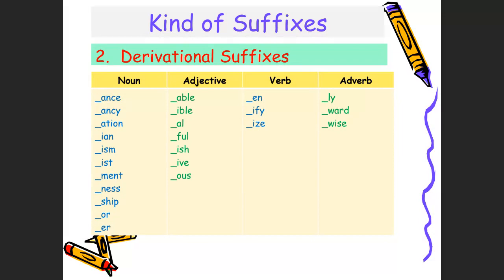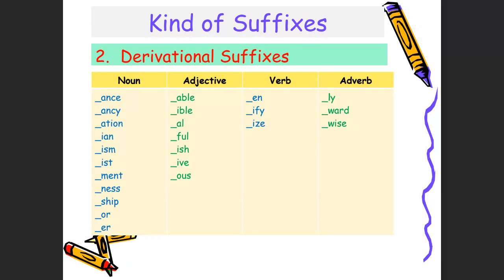Those are most likely to be used with nouns. Okay, with adjectives: able, ible, al, ful, ish, ive, ous. Okay, with a verb: en, ify, ize. With an adverb: ly, ward, or wise.